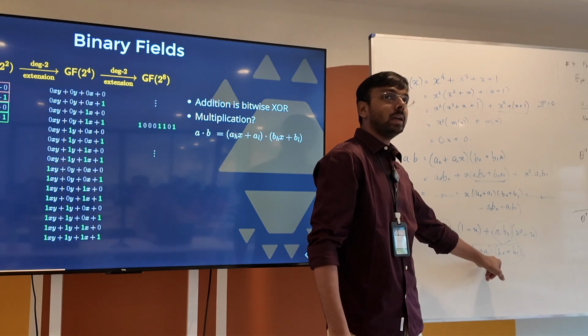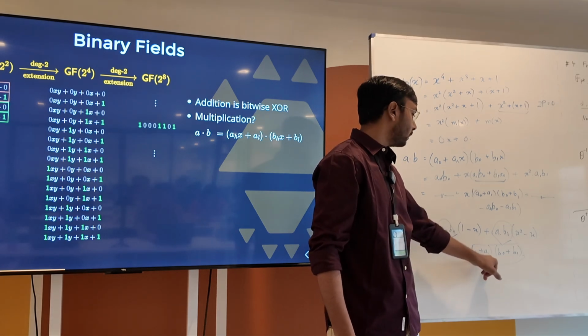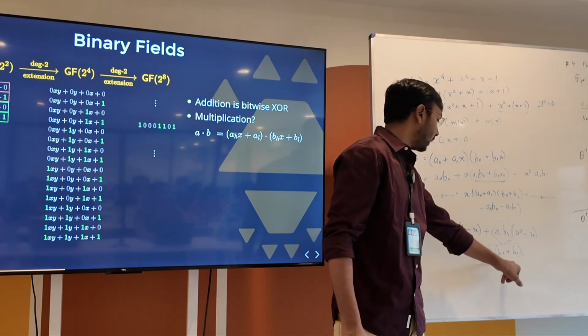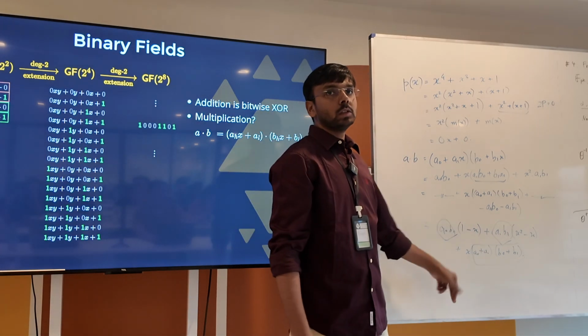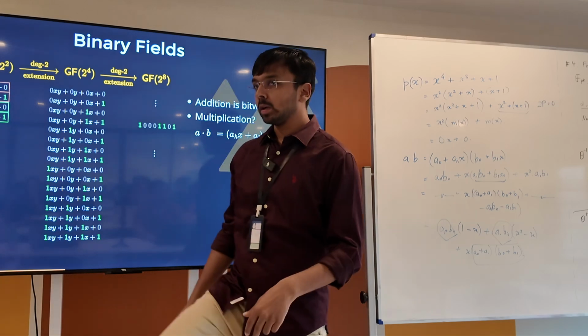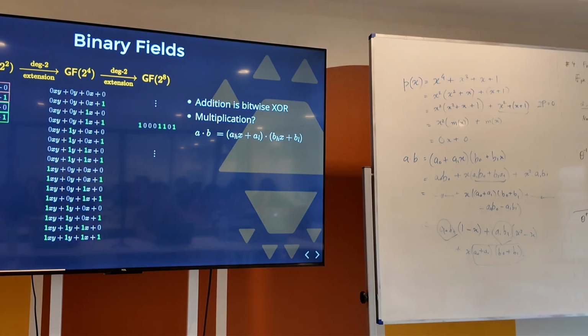So you can think of this as a simple base field element. This is also a base field element. So you spend 3 multiplications instead of 4 using the Karatsuba trick. Okay, so coming back to multiplication in these fields, by the way, does anyone have questions on the Karatsuba trick?